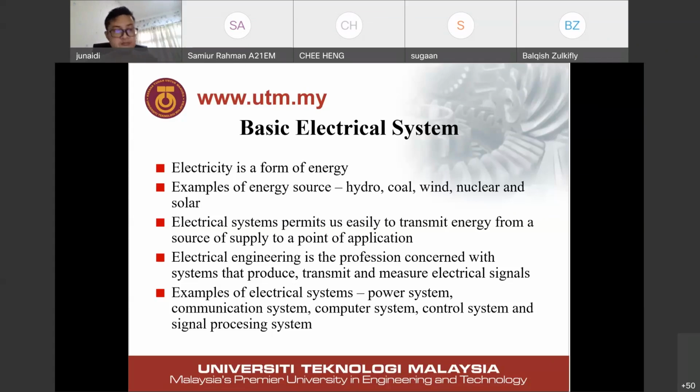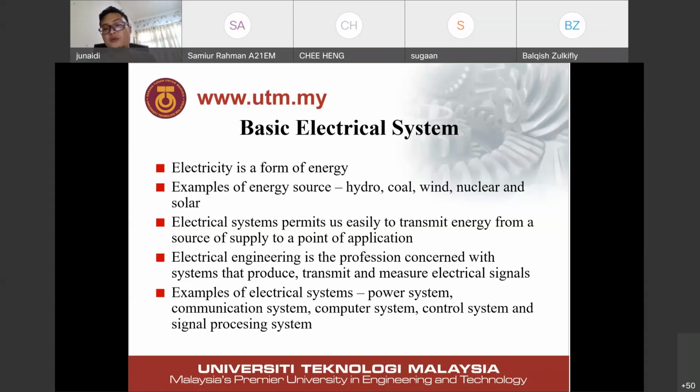Alamak, lupa dah. Hydroelectric, it is not electrical hydro. So basically hydro is the flow of water at high speed, and then it turns the turbine. Then that turbine will produce or generate electricity.